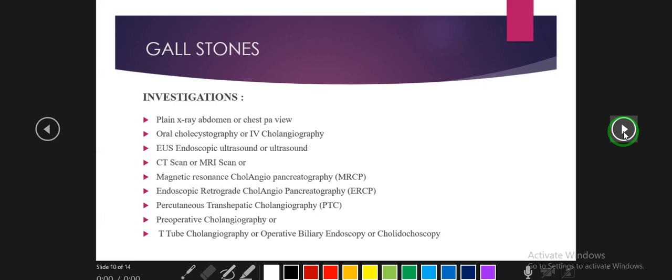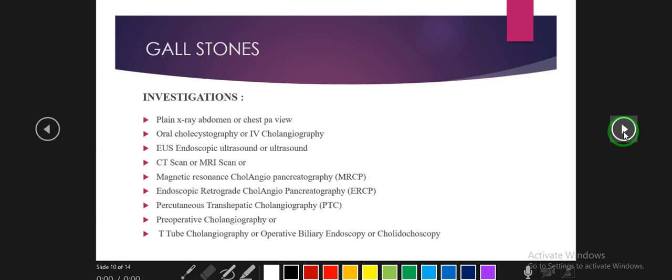Investigations: plain X-ray abdomen or chest view, oral cholecystography or IV cholangiography, endoscopic ultrasound, CT scan, MRI, magnetic resonance cholangiopancreatography, MRCP, endoscopic retrograde cholangiopancreatography, ERCP, percutaneous transhepatic cholangiography, PTC, and pre-operative cholangiography or T-tube cholangiography or operative biliary endoscopy or choledocoscopy.